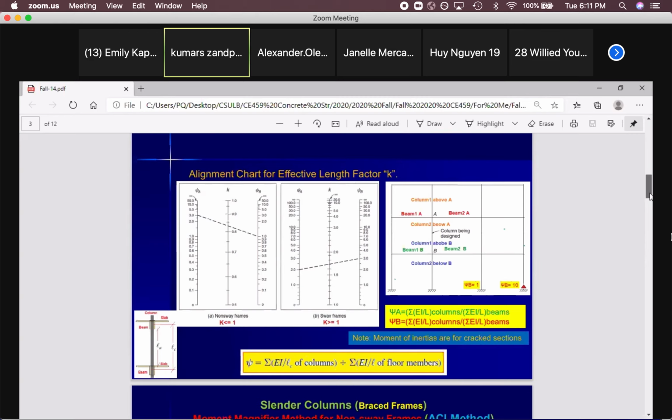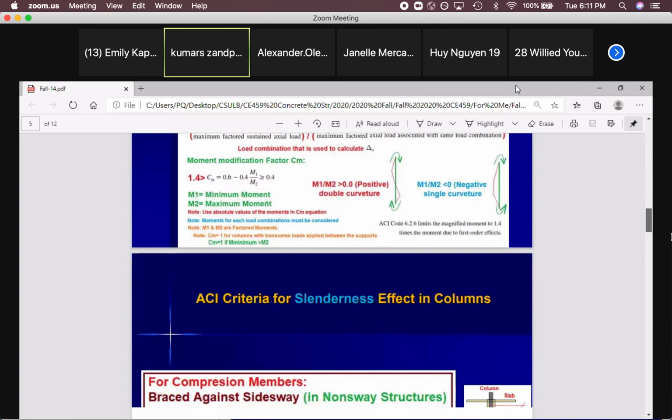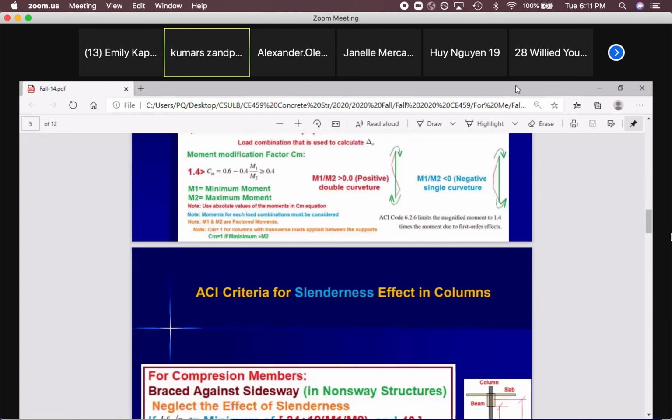Okay, like always, if you let me, I will read one chat. So do you use 10 for pin? Yes. For pin connection, you should consider PCB equal to 10.